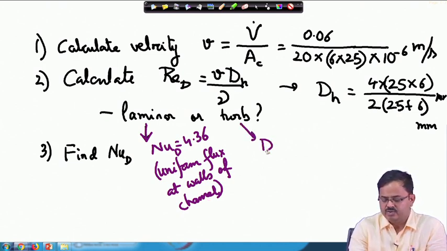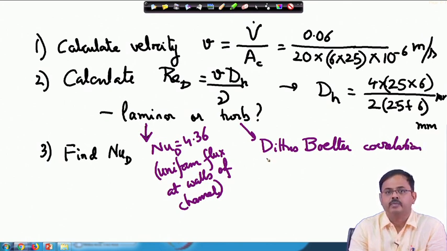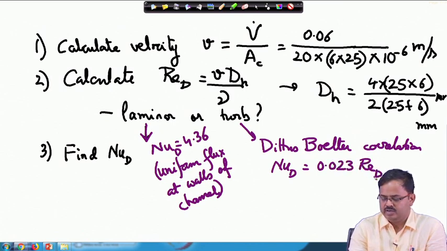Or if it is turbulent, use the Dittus-Boelter correlation. That is Nusselt D would be 0.023, Reynolds D to the power 0.8 and Prandtl to the power 0.3.